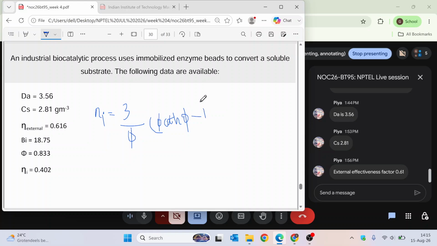So this is a formula to find your internal effectiveness factor. And if you solve for this using your Thiele modulus, you will get an internal effectiveness factor of 0.402.